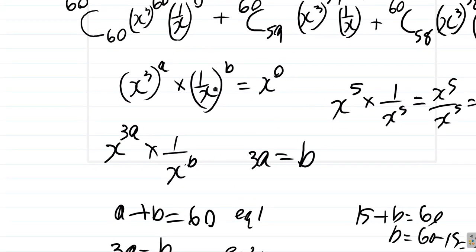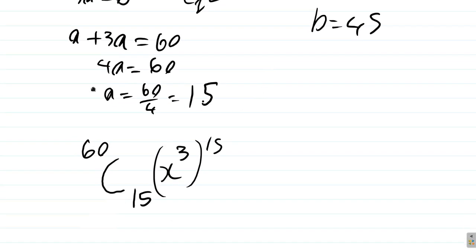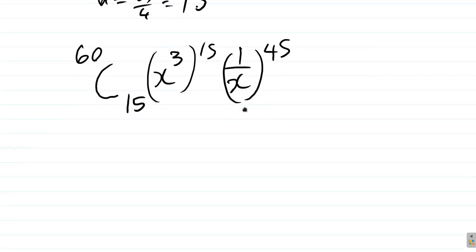So we see it's 1 over x to the b, and b is 45. It's 1 over x to the power of 45. Okay, so that's what we have.